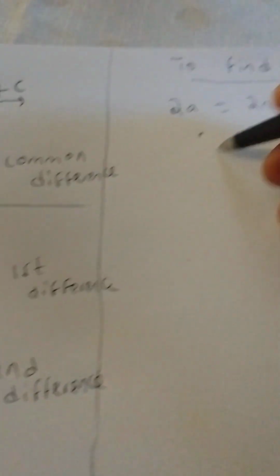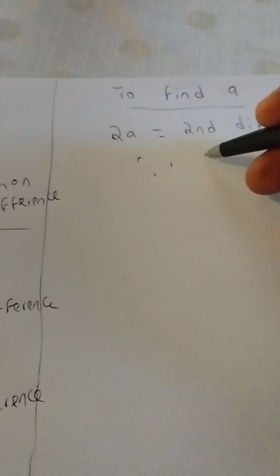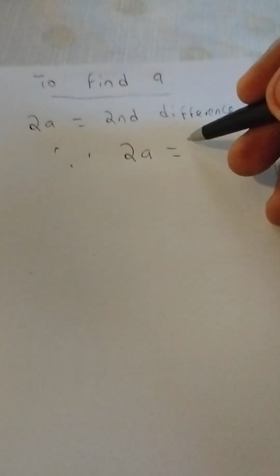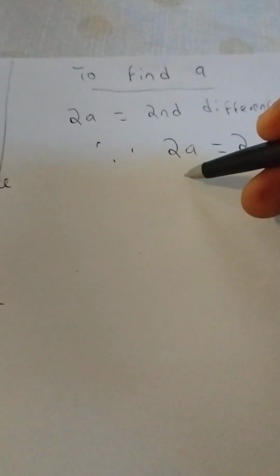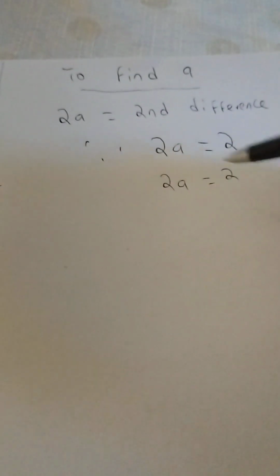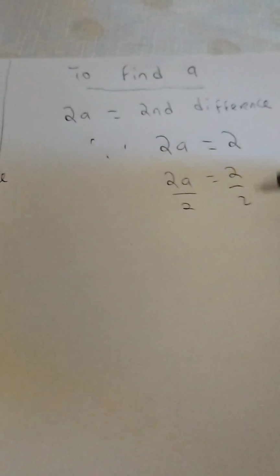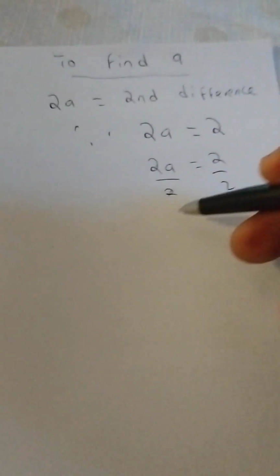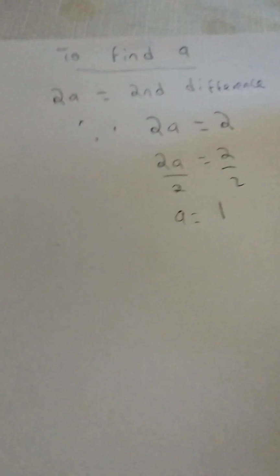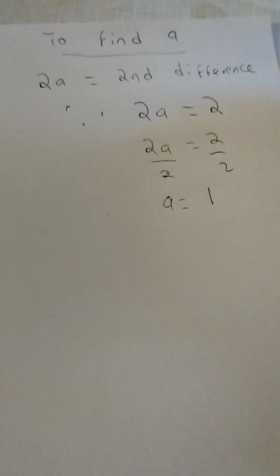Therefore, 2A is equal to 2. To solve for A, we divide both sides by the coefficient of A, which is 2. So this 2 and 2 will cancel. Therefore, A will be equal to 2 over 2, which is 1. Therefore, our A will be 1.